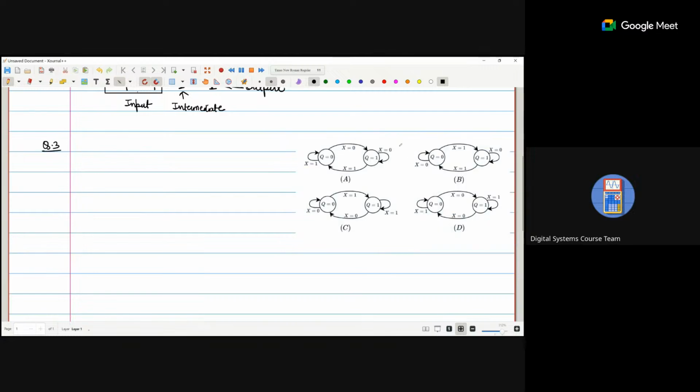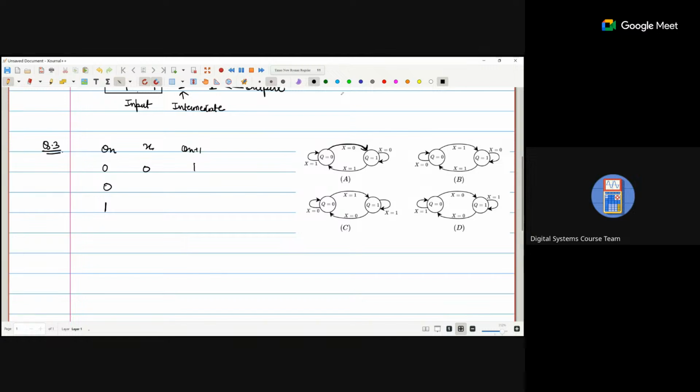So, question number third. Now, if I say the two states, one is the Qn, it is 0 and 1. Okay. Now, when x is 0, next state is Qn plus 1. When x is 0, next state is Qn plus 1. Okay.